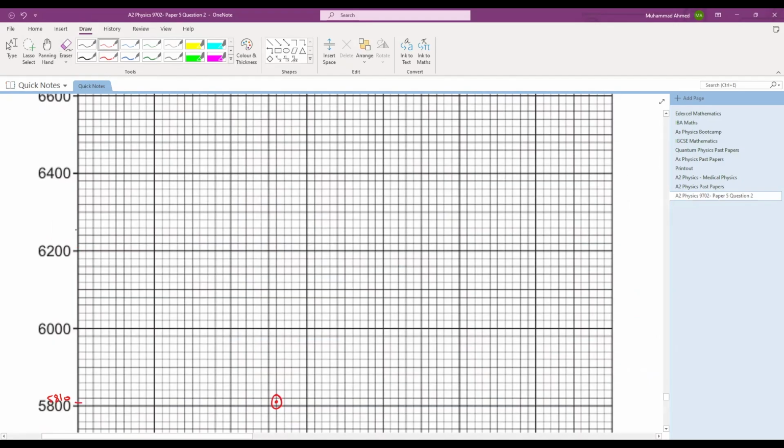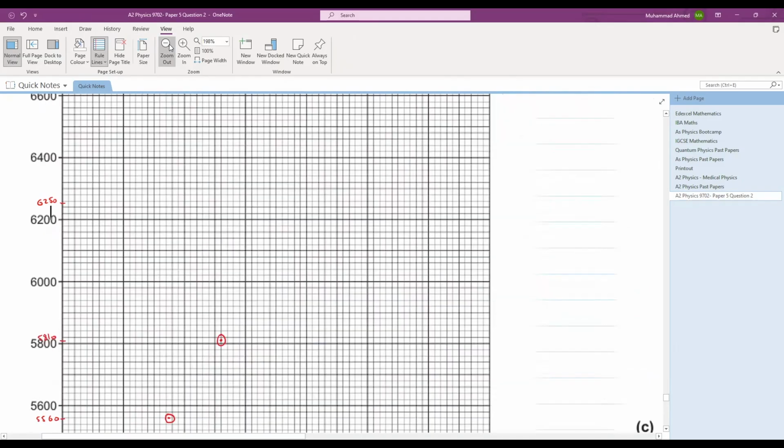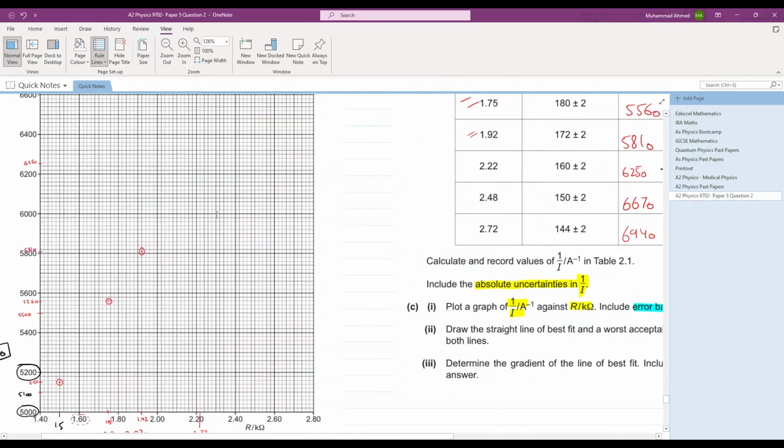Perfect. So you have 6250 somewhere here. Now let's zoom out again. See, I am taking extra precaution while plotting the graphs because I know this is a difficult thing to do. And your point will be here.